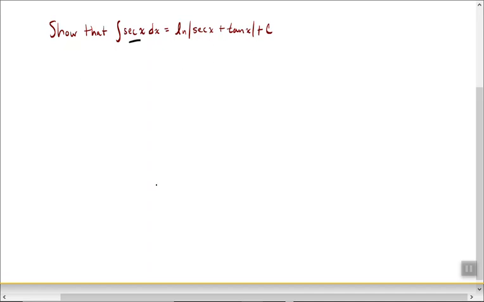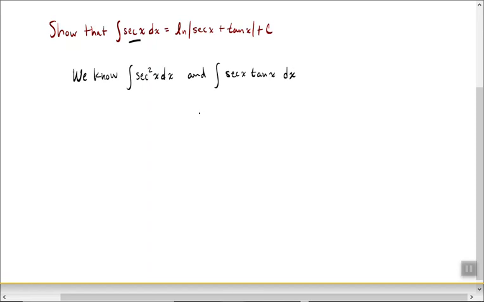So in a typical class, we know, let's say, that the integral of secant squared x dx, all right, we know that one, and we also know the integral of secant x tan x dx.